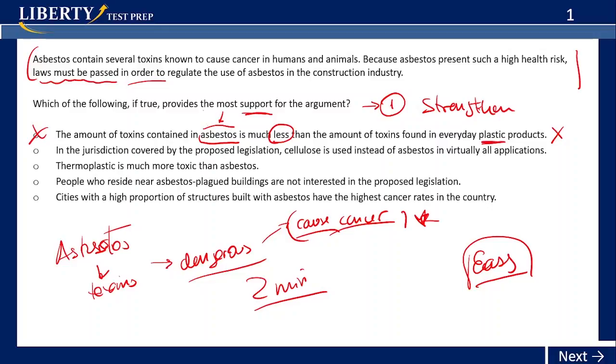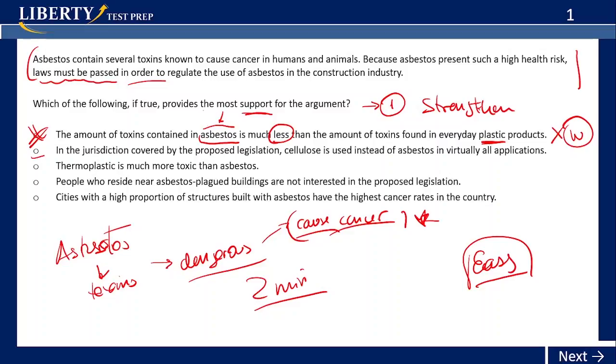So basically, they're saying asbestos is not as bad, okay? And that's not what we want here. What we want is to say that asbestos is bad. Asbestos is dangerous. We don't want to whitewash asbestos. So letter A is not doing a good job. Letter A, in fact, I think it's weakening. It's the other way around. It's basically saying something good about asbestos.